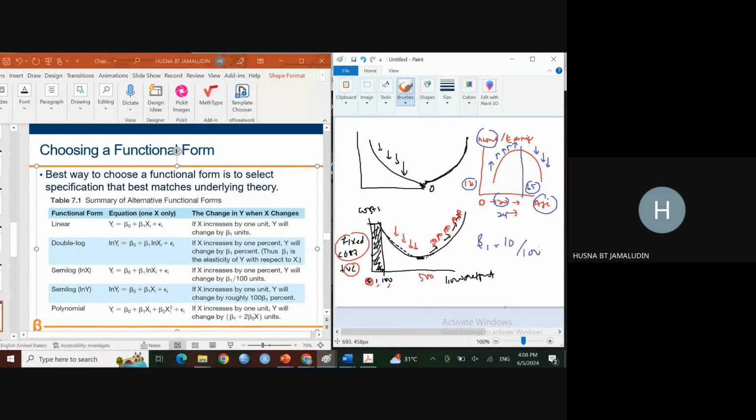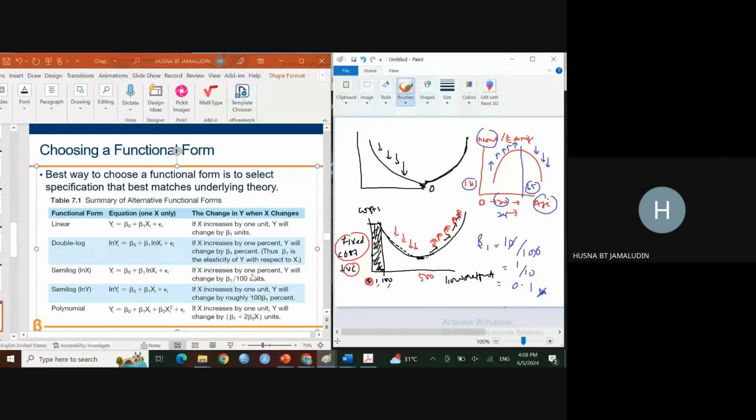So 10 over 100 gives 0.1. So you will say that if x increased by 1%, y will, in this case, increase by 0.1 unit. Don't put 0.1%.